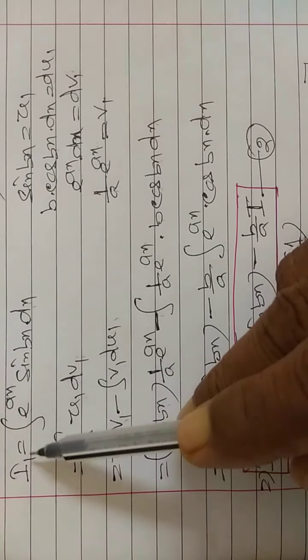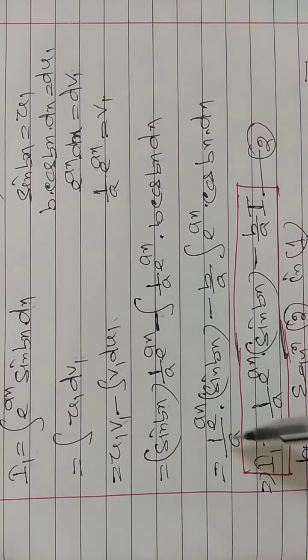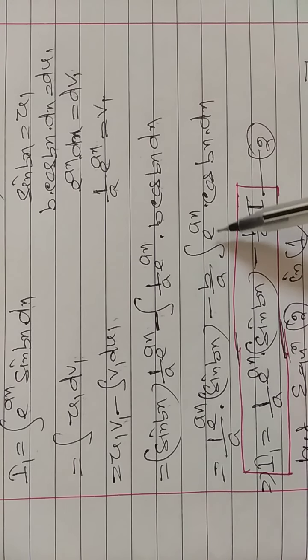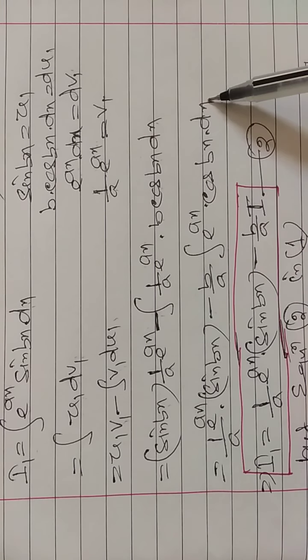So we have I1 equal to 1 by a e to the power x sin bx minus b by a integral of e to the power x cos bx dx.